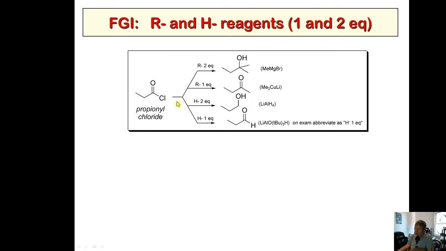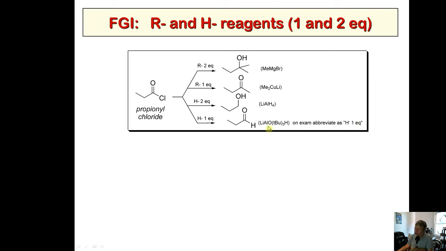If you want to do a single H minus addition, then you can use lithium aluminum tri-tert-butoxy hydride. This is an obscure H minus reagent, and on a closed book exam, I would say, just say H minus 1 equivalent, and I understand what it is.